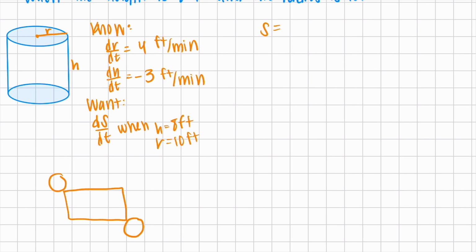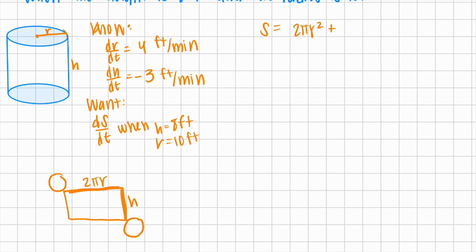So I'm going to have the two areas of the circle, 2 pi r squared, plus my area of my rectangle. This part of the rectangle is the circumference of the circle. So I'm going to say 2 pi r. You could say pi d, but we are in terms of r. And h is going to be this height.